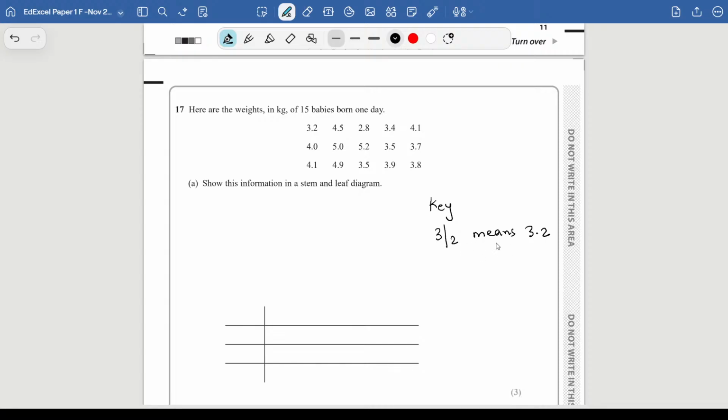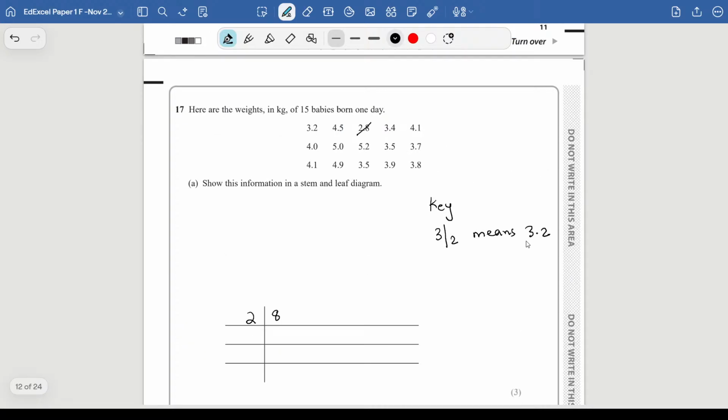It's important that you mention the key as per the question. So the least of them here, is there anything lesser than 2.8? I see 2.8 is the least, so I will write it like this, because 2|8 as per the key means 2.8.